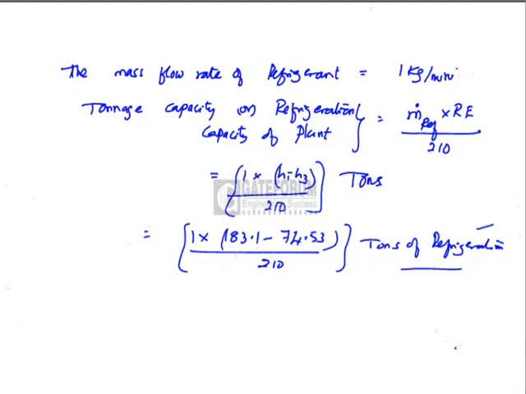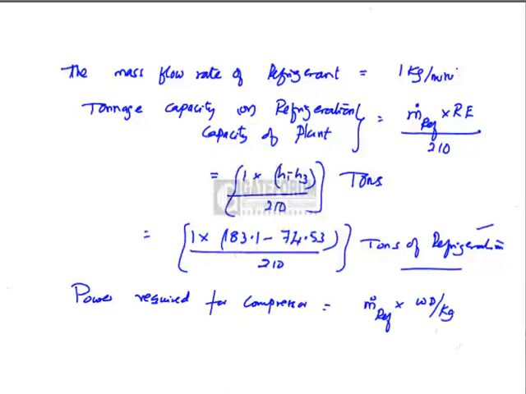Now coming to the power required for compressor is equal to mass flow rate of the refrigerant into work done per kg in compressor, that is mass flow rate of the refrigerant in kg per second into H2 minus H1 kilojoule per kg.